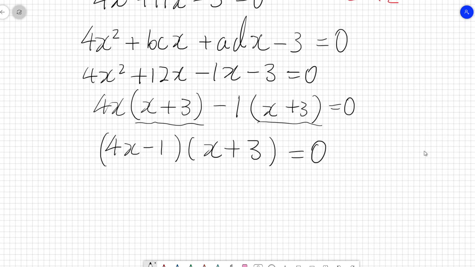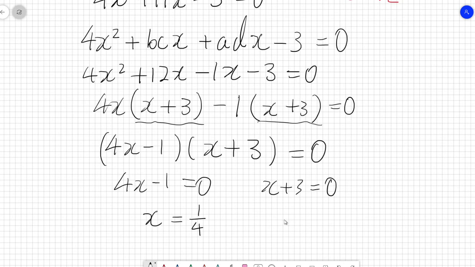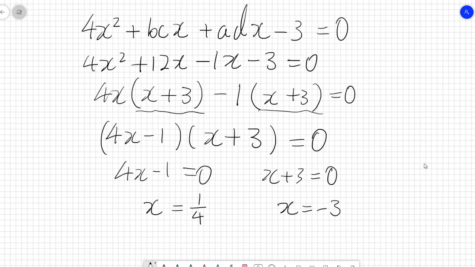Excellent. So what do we end up with? We end up with either 4x minus 1 equals 0, which means 4x has to be 1, so x is a quarter. And then x plus 3 equals 0, which means x has to be negative 3. And so there is that.